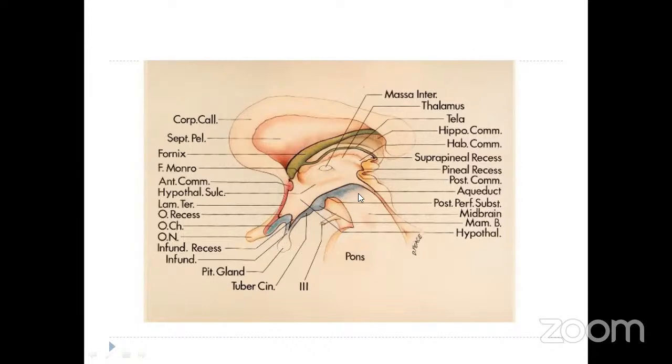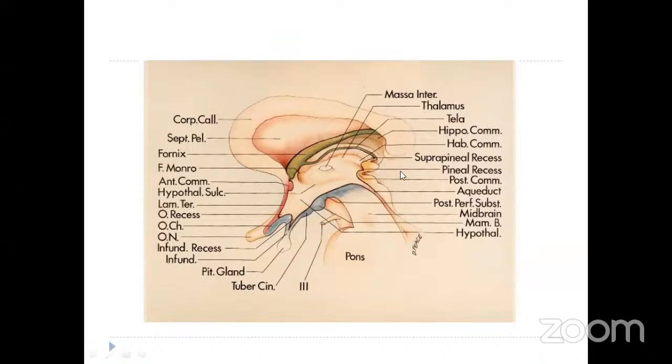The inferior portion of the third ventricle, as you can see in this diagram, is formed by the optic chiasm, which is followed posteriorly by the infundibular recess and tuber cinereum, and also posteriorly by the mammillary bodies.